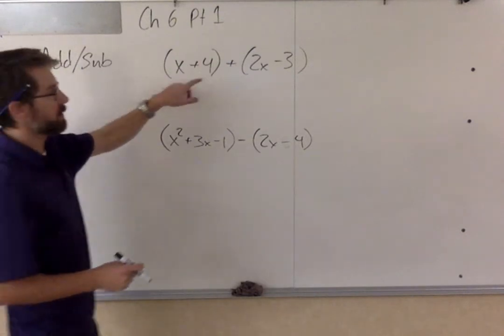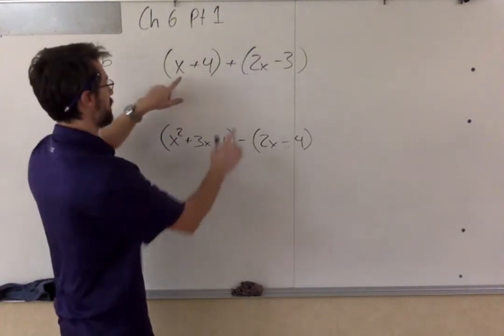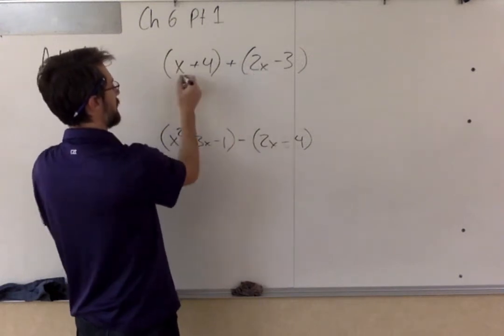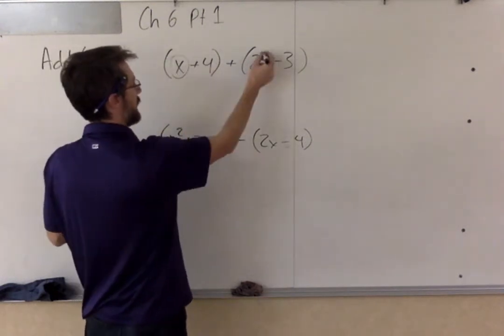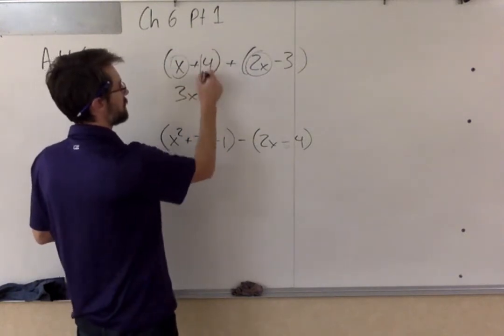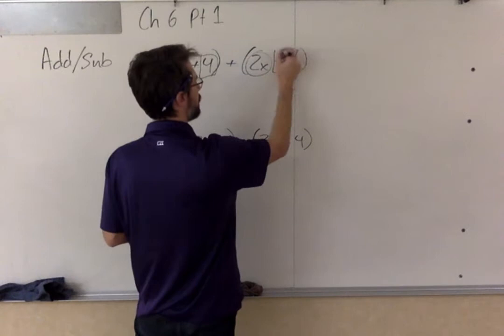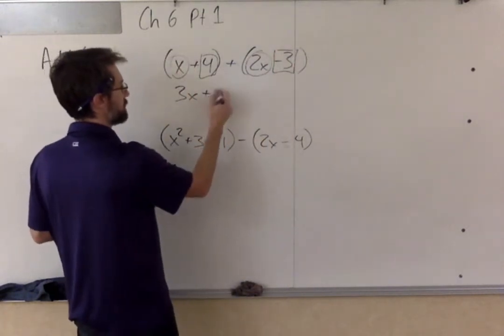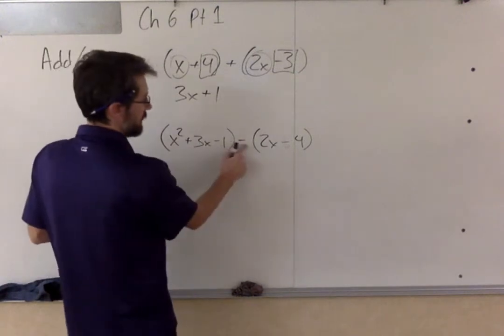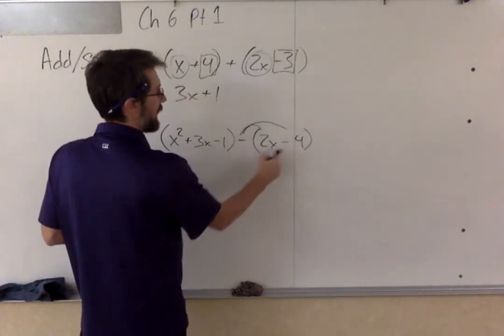With this one, you're really just combining like terms, right? So as long as the variable and the exponent match, you can add them together. So the x can add to the 2x and make 3x. And then the plain numbers, 4 and negative 3, 4 minus 3 is positive 1, so 3x plus 1.